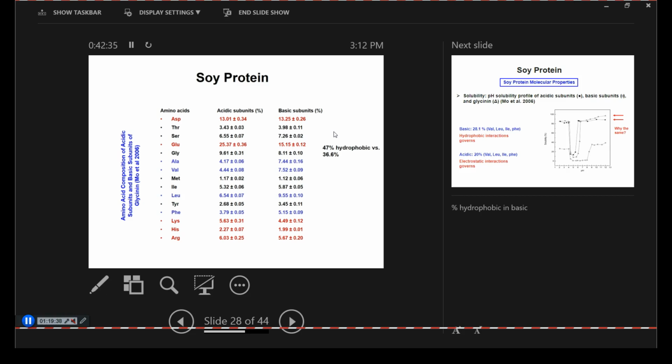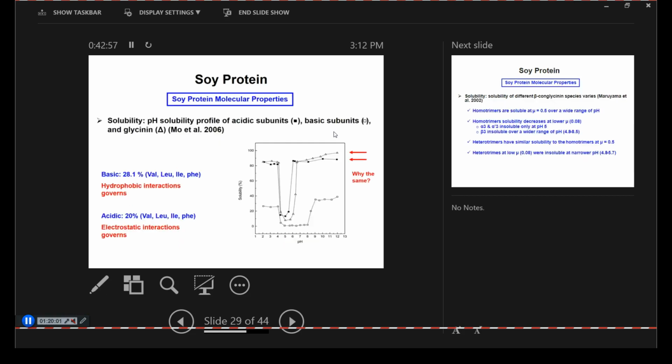Even more, those that are highlighted in blue are the most hydrophobic amino acids: alanine, valine, leucine, and phenylalanine. They are present in much higher concentration in basic subunits than acidic subunits. So we have higher hydrophobicity and we have lower charge.